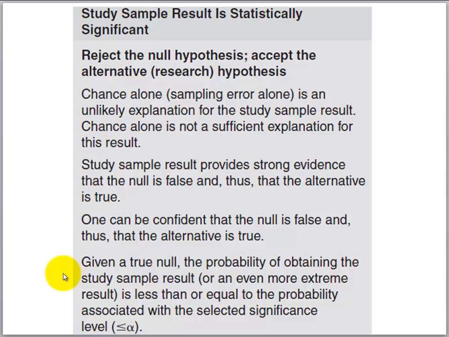It conveys to you that the result is unlikely to be due to chance, but it's not per se conveying size of association. It's not per se conveying causality.